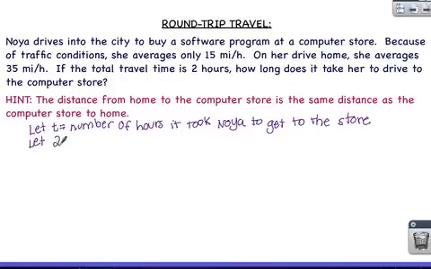So we're going to let 2, the total travel time, minus T, the number of hours it took to get to the store, equal the number of hours it took Noya to get home.